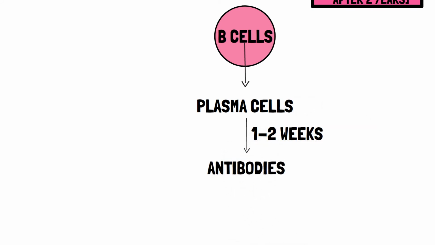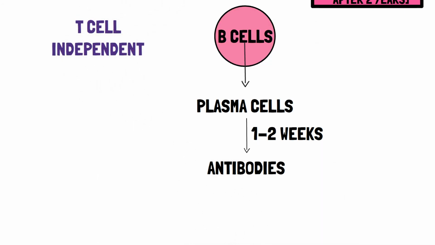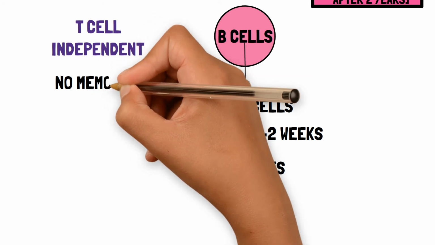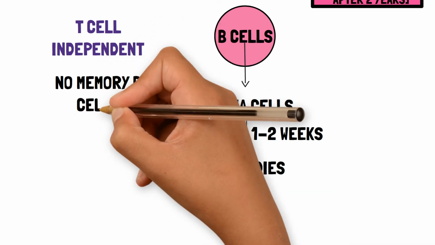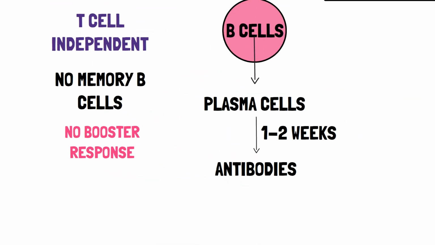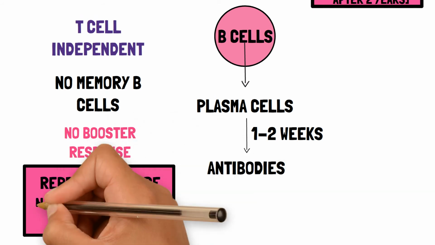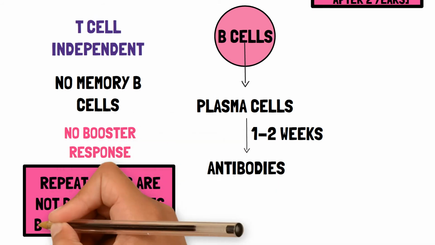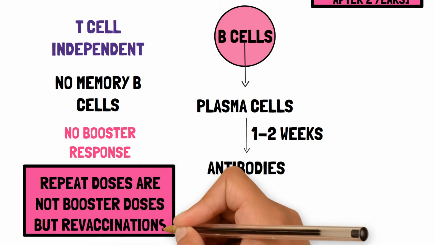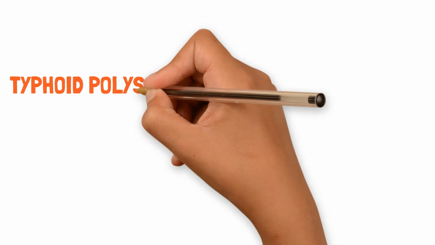So these pure polysaccharide vaccines are T cell independent, so no germinal center reaction, so no memory B cells, so no immune memory, so no booster response. Repeat doses are not boosters but revaccinations. An example is the typhoid Vi capsular polysaccharide vaccine.